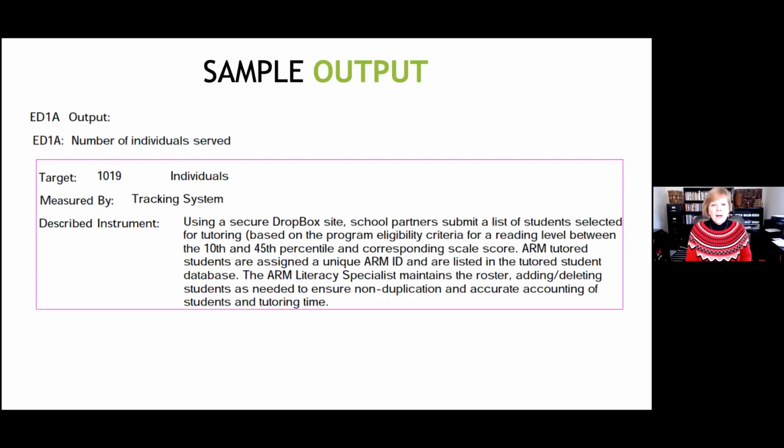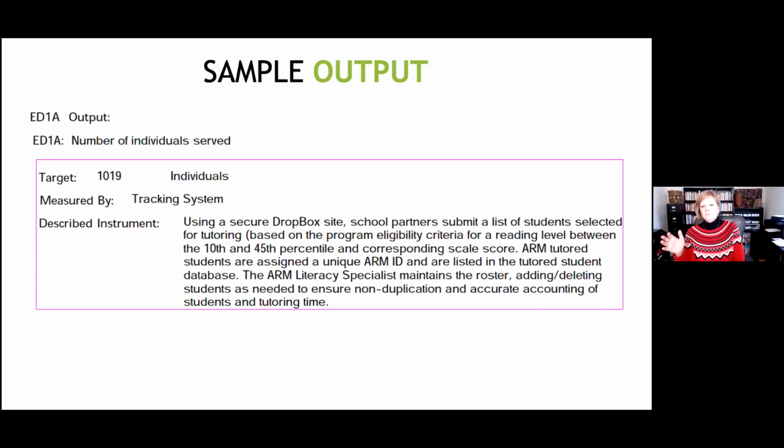So here's a sample output. They picked number of individuals served, individuals, it's a tracking system, but then they actually describe a secure Dropbox site where the school partners submit the list of students selected for tutoring based on eligibility criteria.